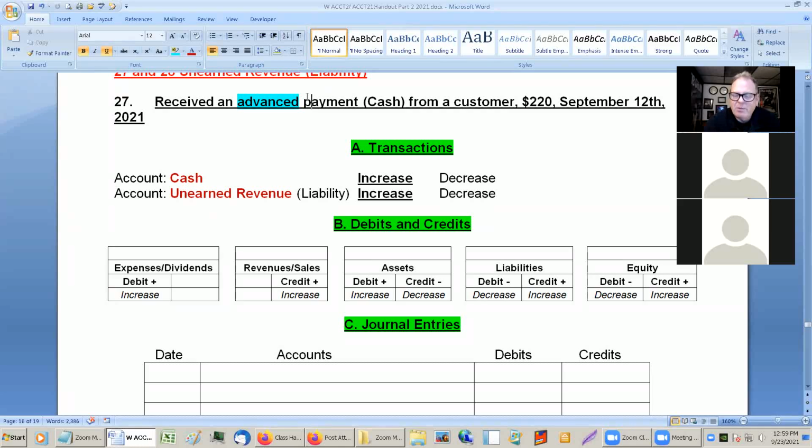If you pay for a year of Netflix, well, Netflix doesn't count that as revenue until, as this year goes on, they'll probably count it as revenue. But until the time goes on, they haven't earned it. Not until the entire year goes by can they recognize that whole thing as revenue, because they haven't earned it up until that point. Okay, thank you.